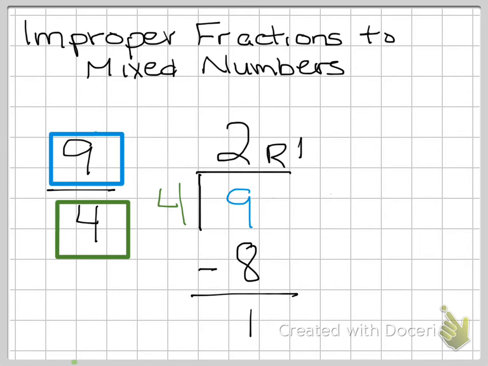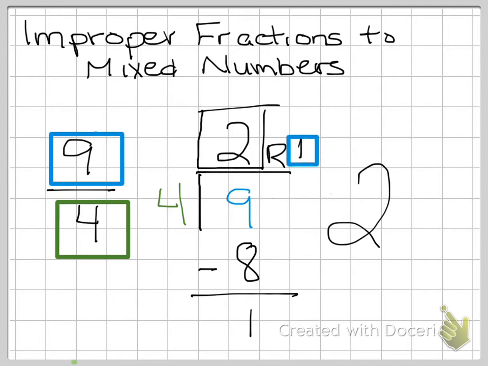So now to turn this into a fraction, I have to do a couple things. The first thing I notice is that I have 2 wholes. So my 2 is going to be a really big 2. And then the next thing I notice is that I have a remainder 1. Now here's the interesting thing, guys.